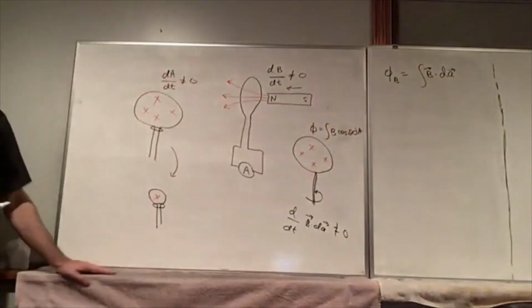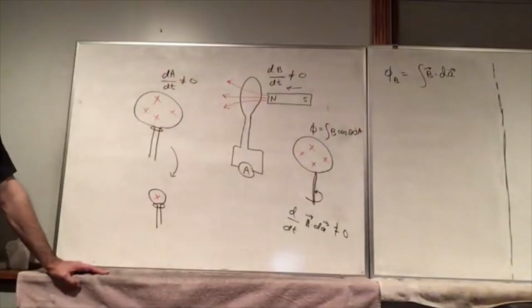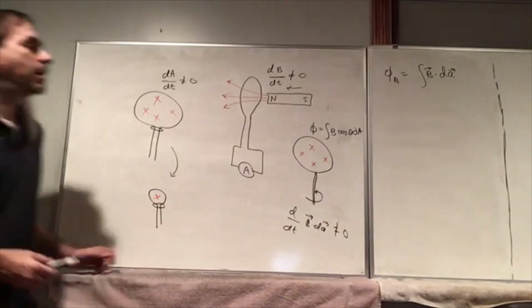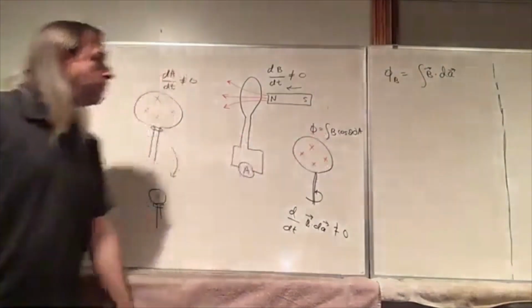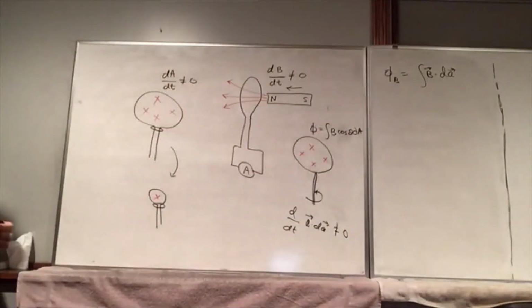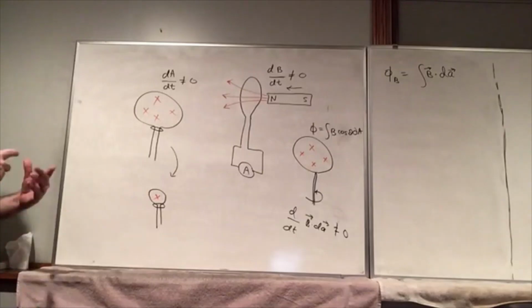So yeah, that theta would be the angle between the normal vector and the magnetic field, and because this coil is rotating, this is constantly changing. And so in every case, we see that a changing magnetic flux creates a current.